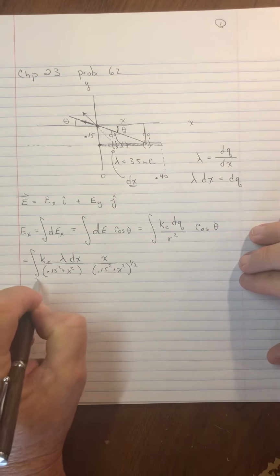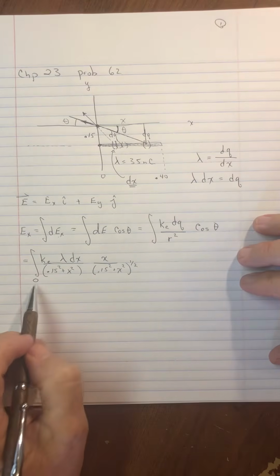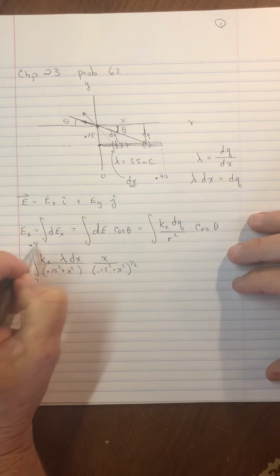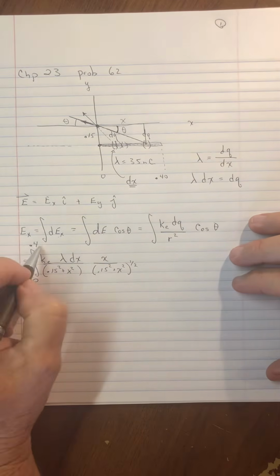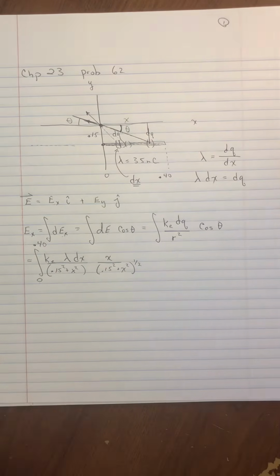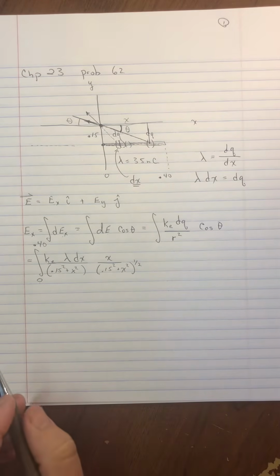And so I could say go and add up each of these chunks, starting at the first chunk at x equals 0, and the last chunk at 0.40. And so that would be the limits of my integration. And so now it really is just a matter of completing the math.